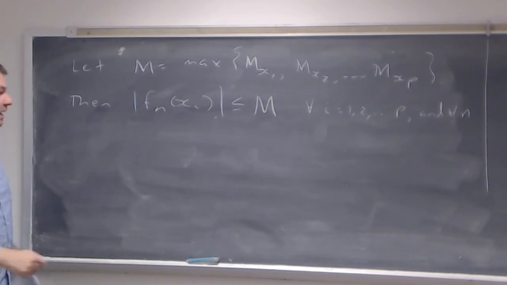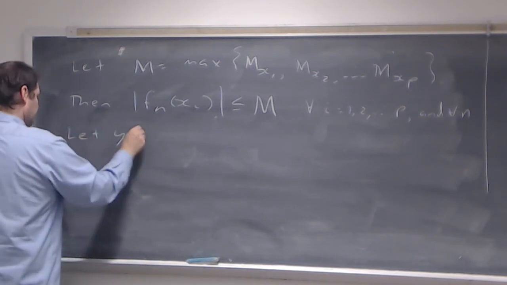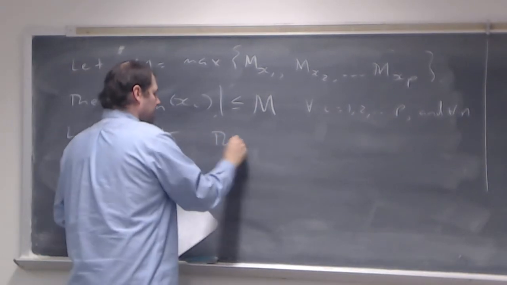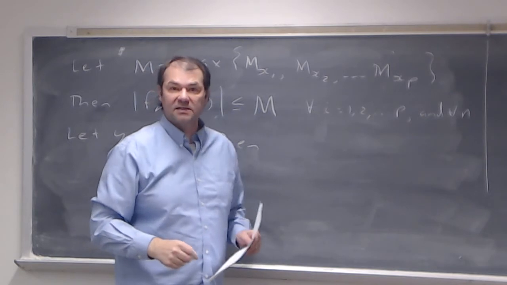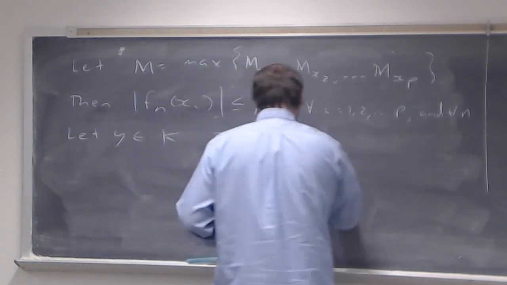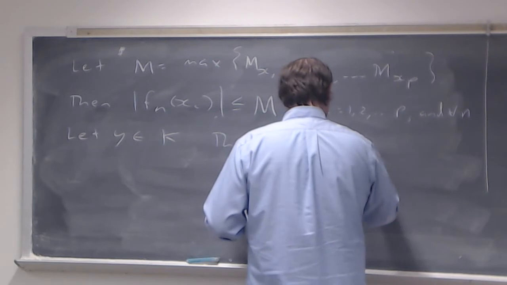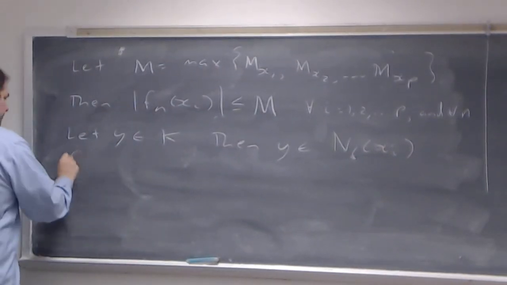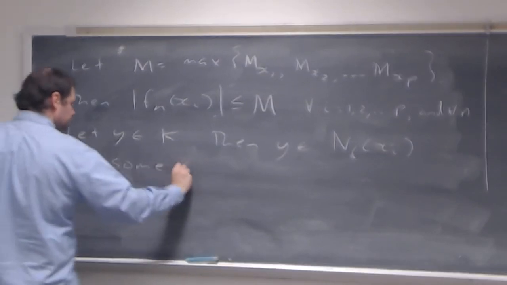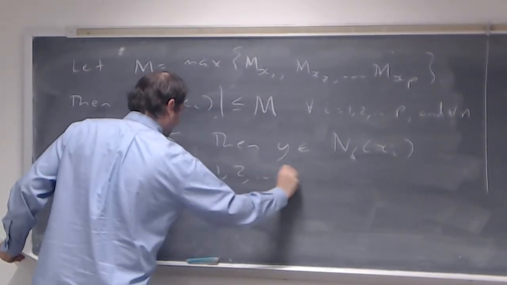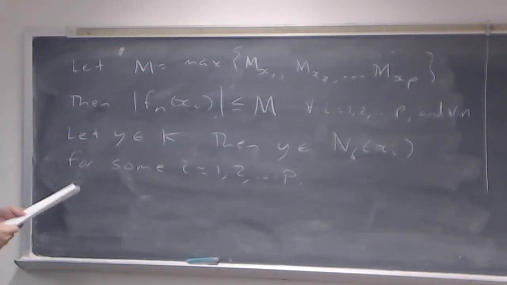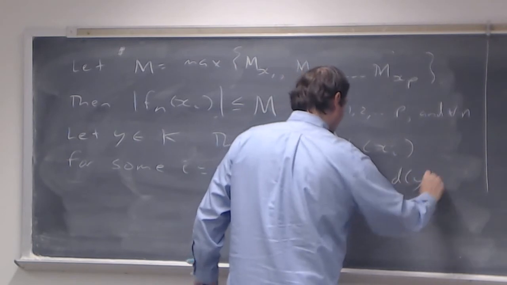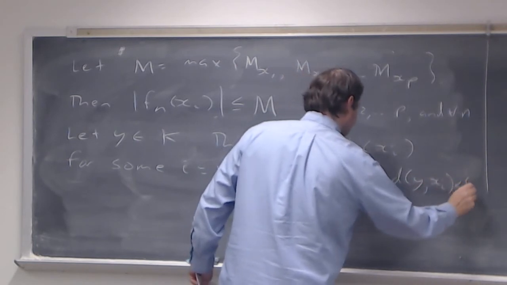Now what we're going to do is let y be an arbitrary point in K. Then, because we had this finite subcover, y has got to be an element of one of these neighborhoods about these x sub i's, some i equal to 1, 2, all the way to p. And because you're in this neighborhood, that means that the distance between y and this x sub i is less than delta.